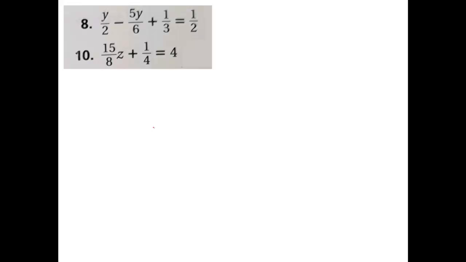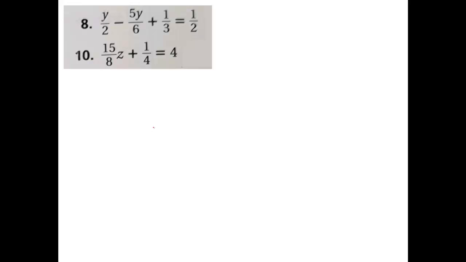We have 15 over 8 z plus 1 over 4 equals 4. What will we do? We need to multiply by a number that can take out the denominator from all the terms, so it will be easy for us to solve. The big number here is 8, so if I multiply by 8 in all terms, it will be easy.